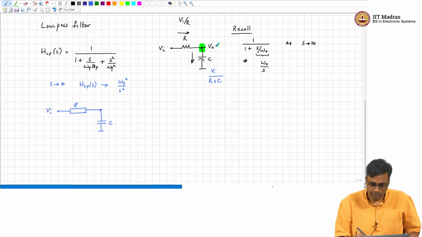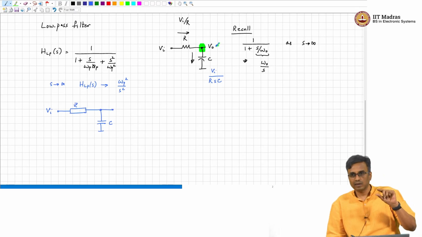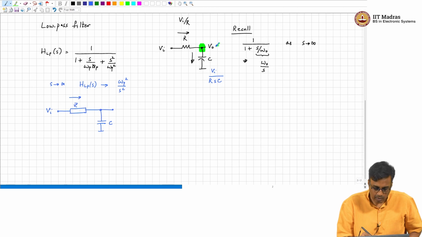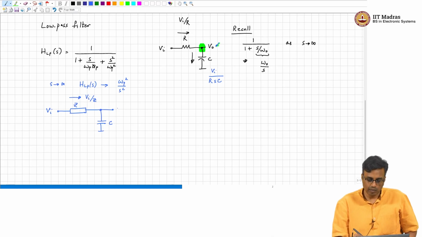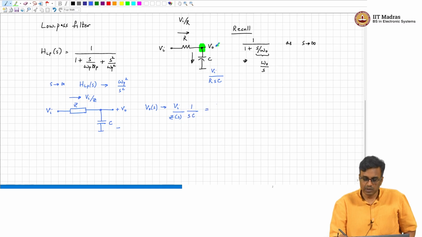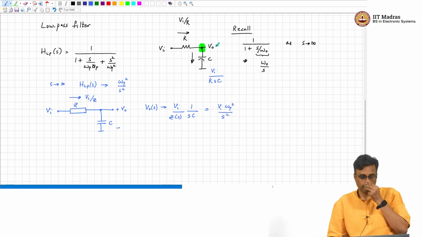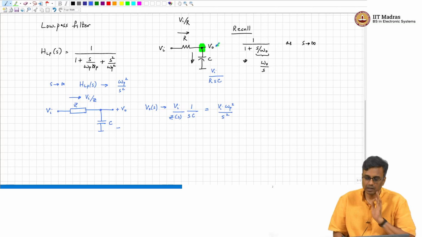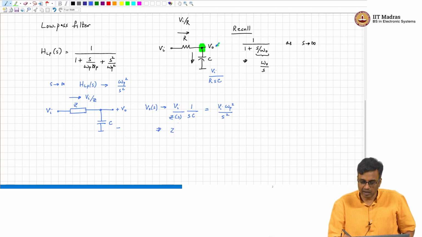At very high frequency we expect that the voltage across the capacitor is very small, so this current must be Vi by Z, and therefore at high frequency the voltage Vo of S must go as Vi by Z of S times 1 over SC, and that must be Vi times omega p square over S square, correct. So, what must we have in Z of S as S tends to infinity?